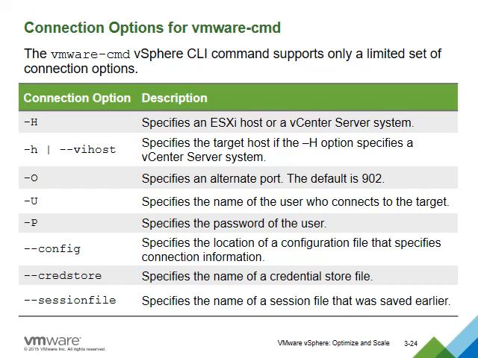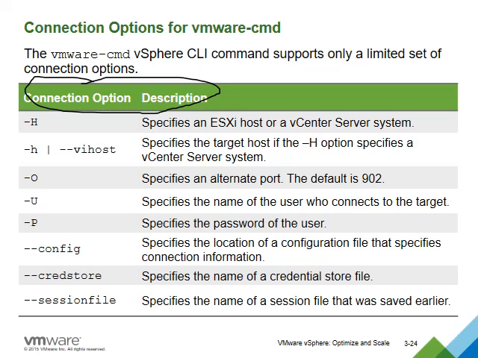In this connection option chart shown here, you have your -H, your -O, -U, -P, --config, --credstore, and that deals with your credentials, and your session file, which specifies the name of the session file that was saved earlier.